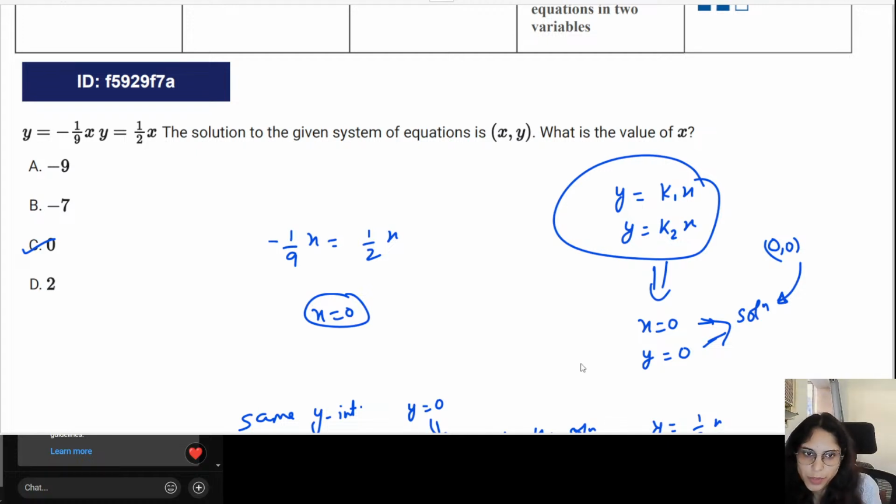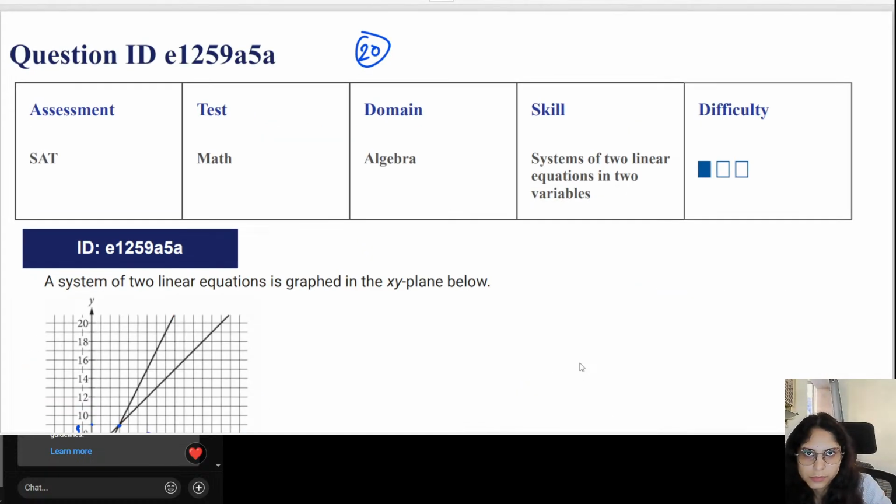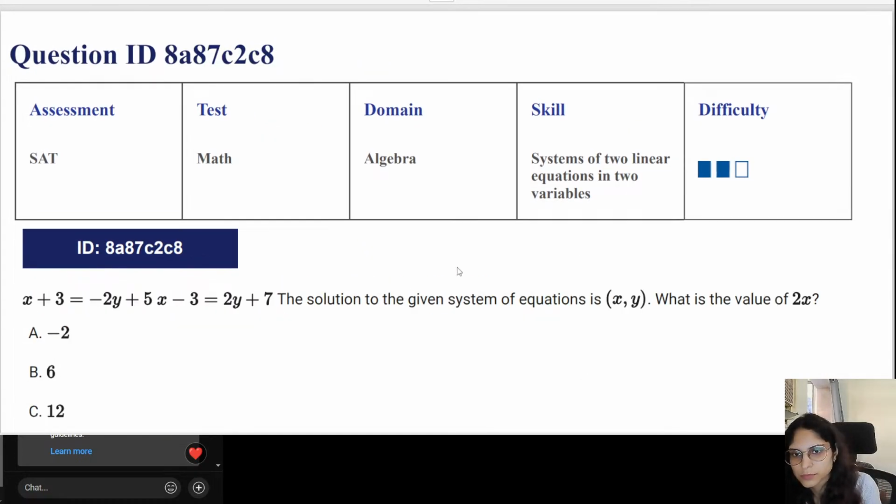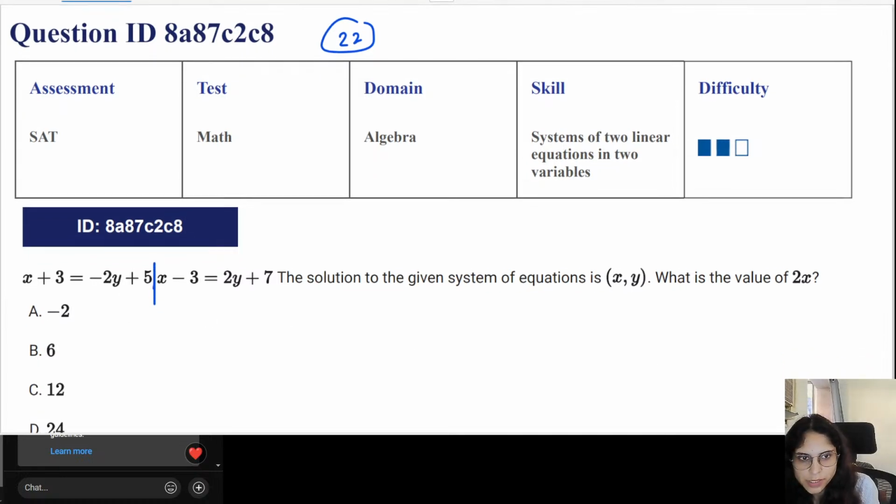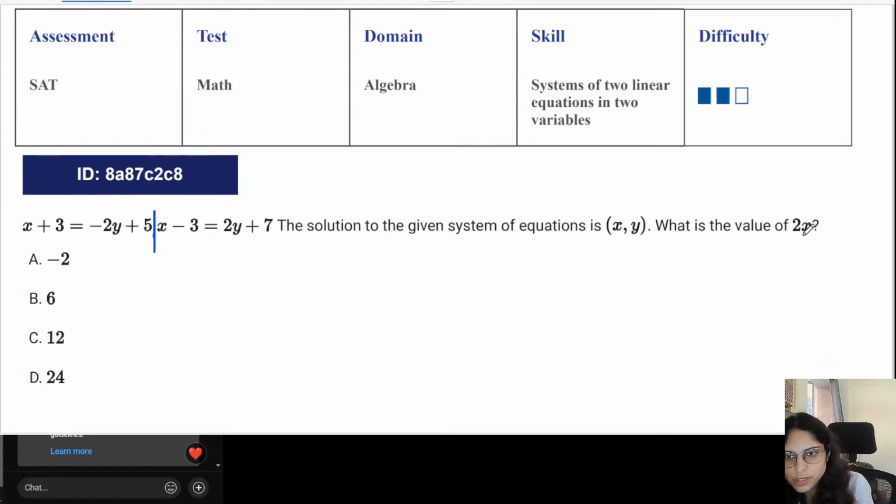Next one is question number 22. x plus 3 is equal to negative 2y plus 5. x minus 3 is equal to 2y plus 7. Like I've told you before, just see if by adding equations you're getting 2x. Yes, you're getting 2x.